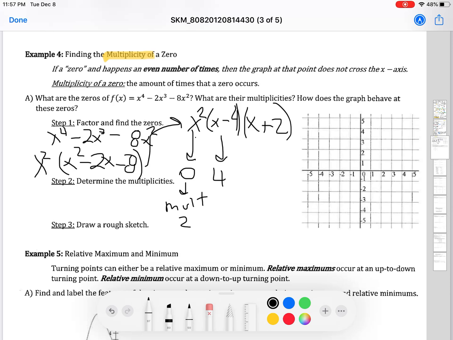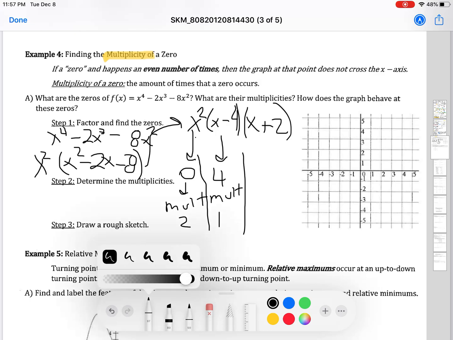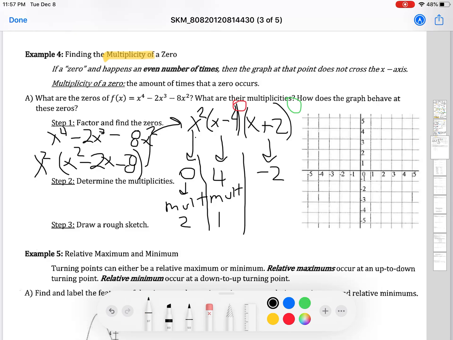Again, for x minus 4, the answer is 4, but the multiplicity is 1, because it's x minus 4 to the first power. Any guesses what the multiplicity of negative 2 would be? It looks like it'd be a multiplicity of 1, right?